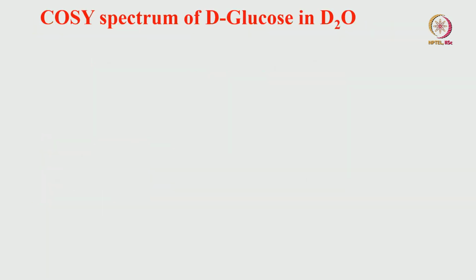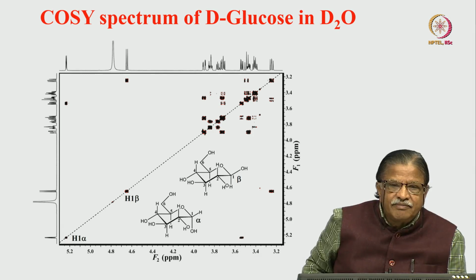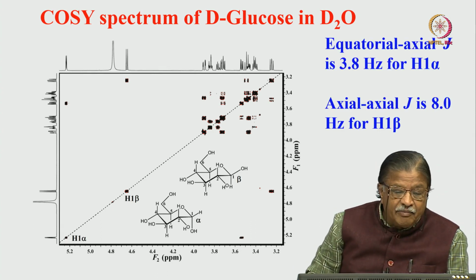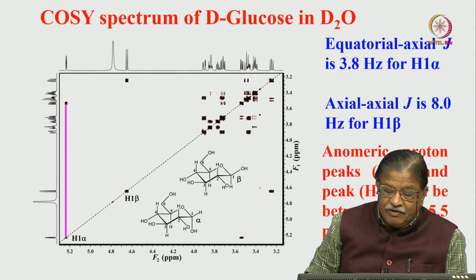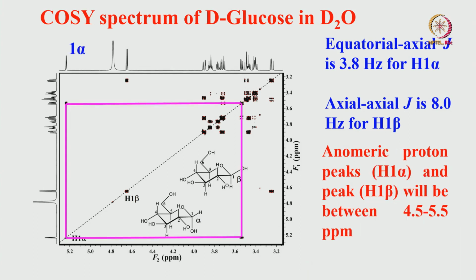These are anomeric protons. Further, we can start with the COSY pattern. How do we assign the COSY spectrum? We start with the anomeric proton. The anomeric proton with the small coupling is alpha. We complete this square: if this is anomeric proton 1, this has to be 2.